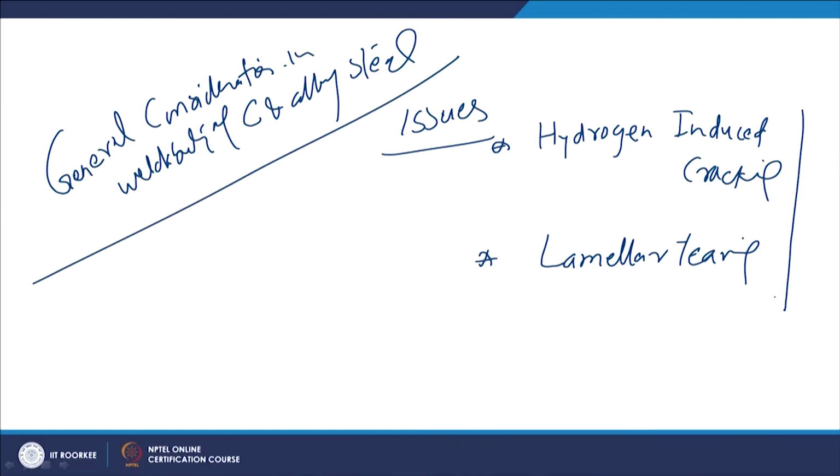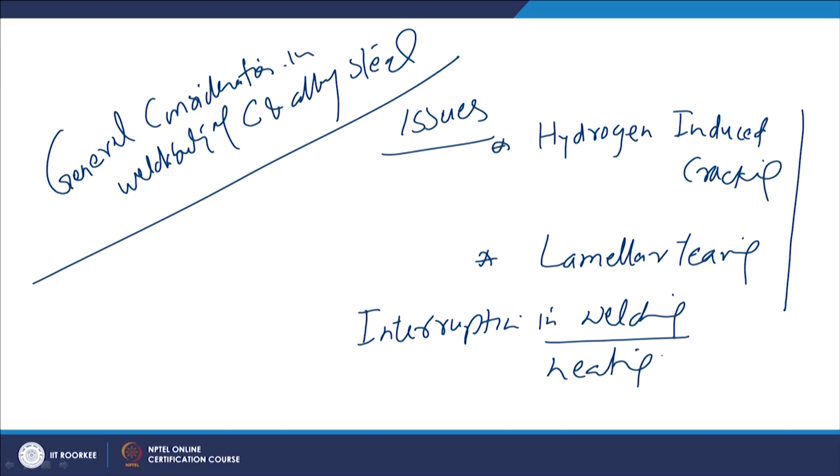In addition to these two issues, problems are also imposed due to interruptions in welding, more primarily interruptions in heating during welding. So, what kind of interruptions will occur, and in which way can they affect the ease of welding or create issues associated with the welding.